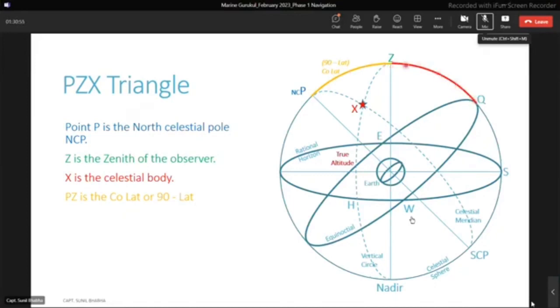Equinoctial to the zenith, this arc represents the latitude of the observer, so we have labeled it as latitude on the diagram. You can see the latitude ZQ and the colat PZ, both totaling up to 90 degrees. Pole to the equinoctial, P to Q, is equal to 90 degrees.